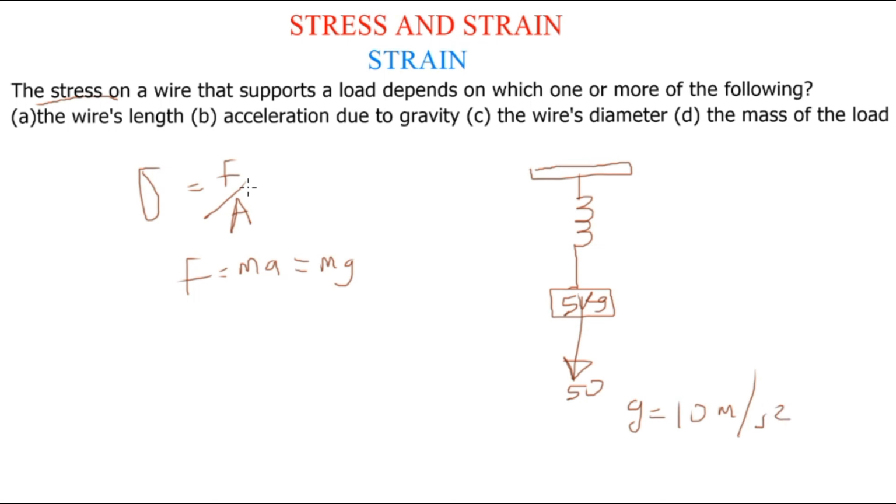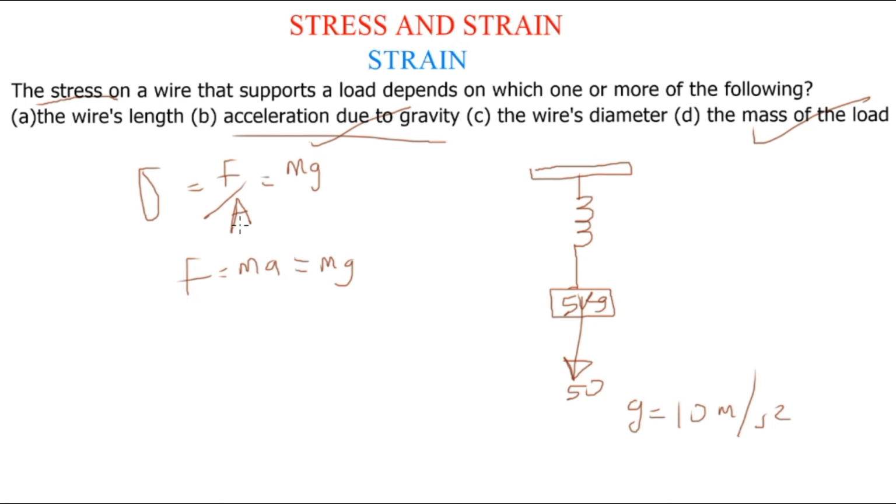It implies that F can be equal to mg, in this case with acceleration due to gravity. It means that we can simply say that the stress really depends on the acceleration due to gravity, and it also depends on the mass of the load.